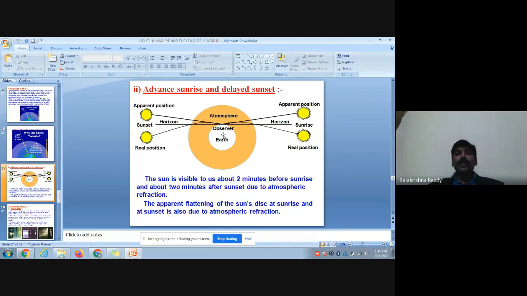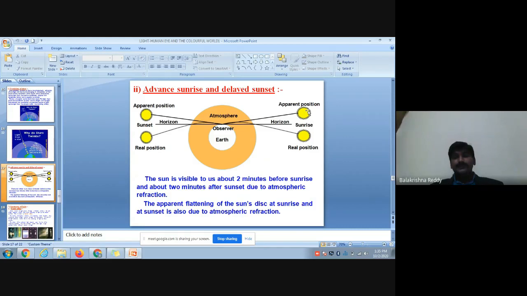Here the light rays are seen at the horizontal, that is nothing but at evening and morning times. When the sun is rising, the sun appears in a red color. Basically, it is at a longer distance. So from the longer distance, the larger wavelength light, red, only appears. So the sun appears red or orange in color.